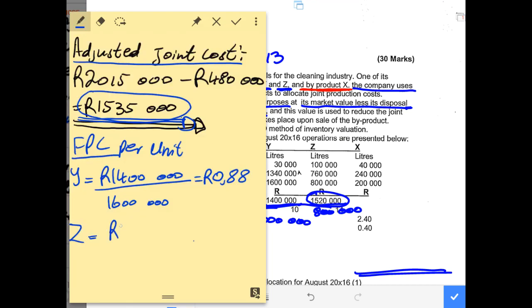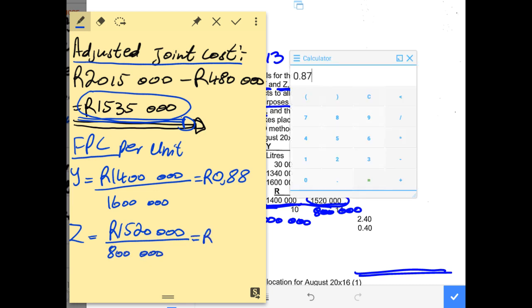It is 1,520,000 rands, and we divide this by the number of units that were produced, and this will give us further processing cost per unit. That means it will be 1,520,000 divided by 800,000, and this will give us 1.90 cents.